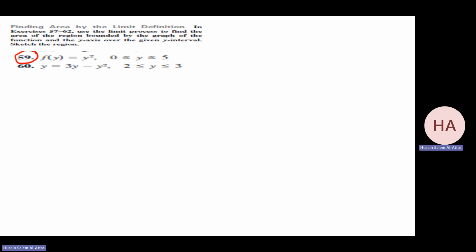Finding area by the limit definition, but now in terms of y. Yeah, the same thing. For the first one, it is this one, and I'm going from 0 to 5.